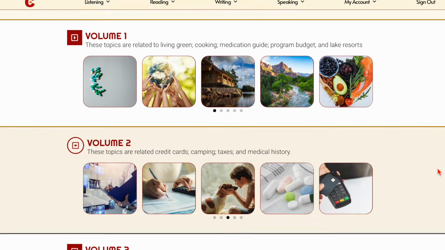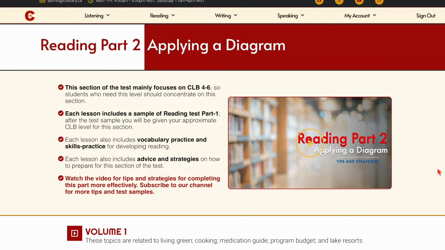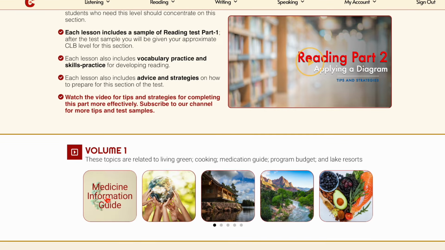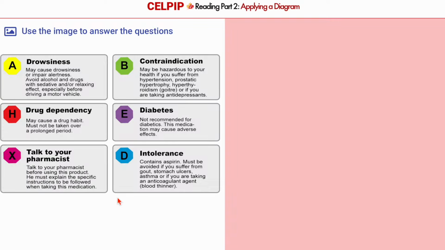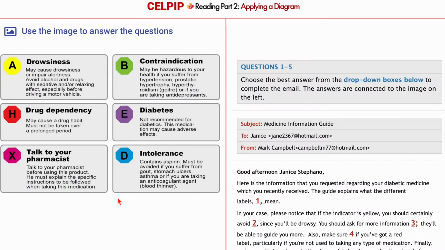Just here in the CELPIP library, part 2. We're going to do a sample from volume 1 called Medicine Information Guide. Also, everyone, we're going to be doing this analysis together.